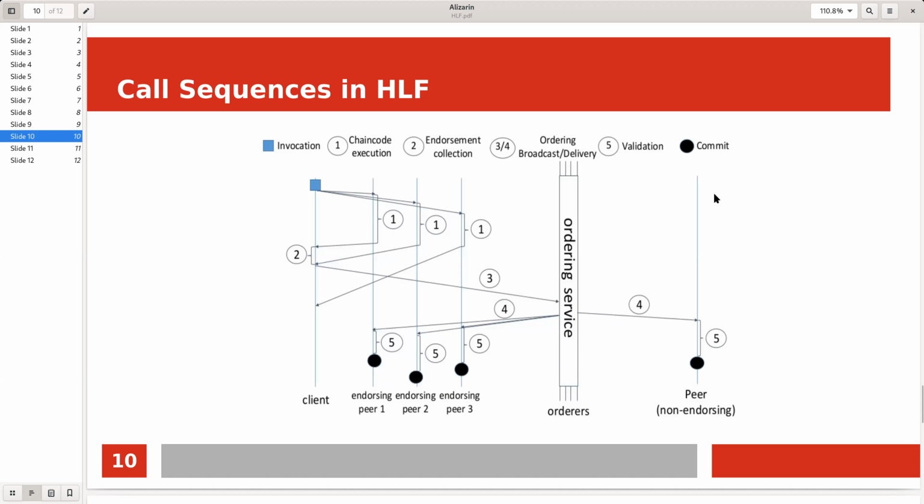And eventually a single view is available to other peers which are not involved in either ordering or endorsement. So the final peer, any abstract peer, can see a uniform state of the world after this endorsement and ordering have been achieved.